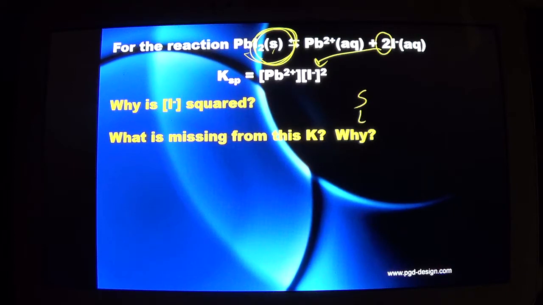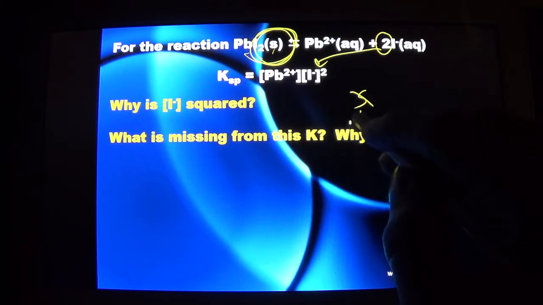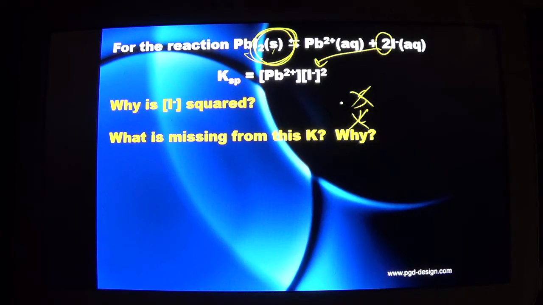And here, since lead(II) iodide is only a very, very tiny bit soluble, that's a very safe assumption. So it makes things a whole lot easier just to leave it out. And our general rule of do not include solids and do not include liquids in any sort of equilibrium is a good way to continue.